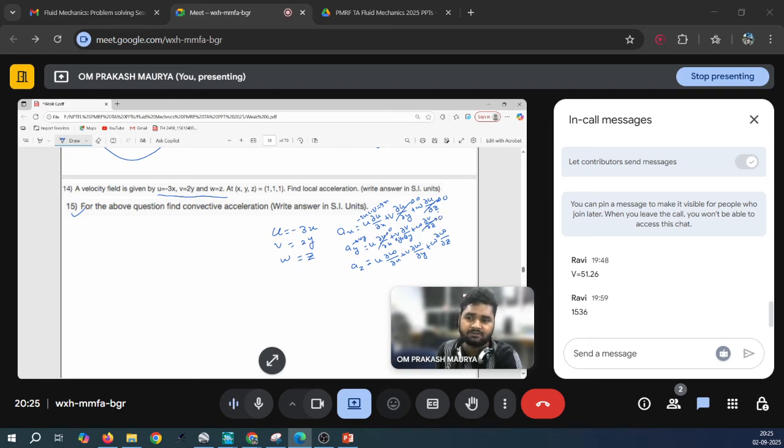Now coming to az. So u value is minus 3x, whether w is a function of x, no, again 0. Here again 0. But this w is a function of z. So you will get 1 here. So you will get z.